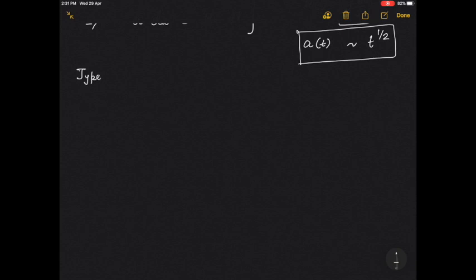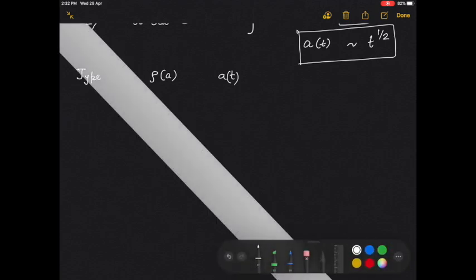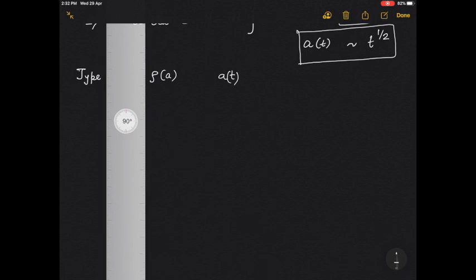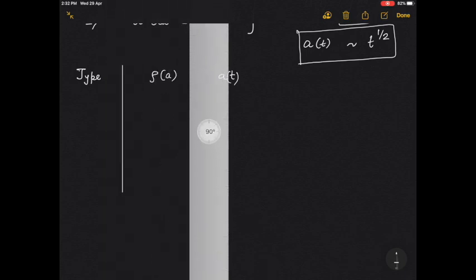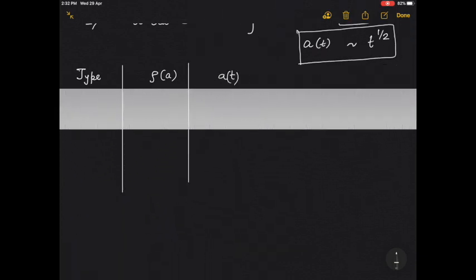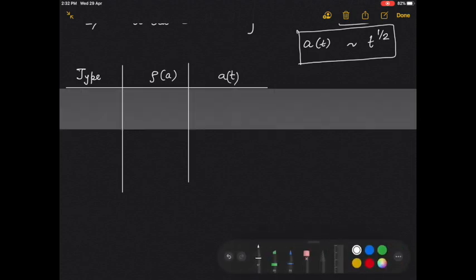So the table is the type of universe, how rho changes as a function of a, and how a changes as a function of t. This is the table that I want to fill up.